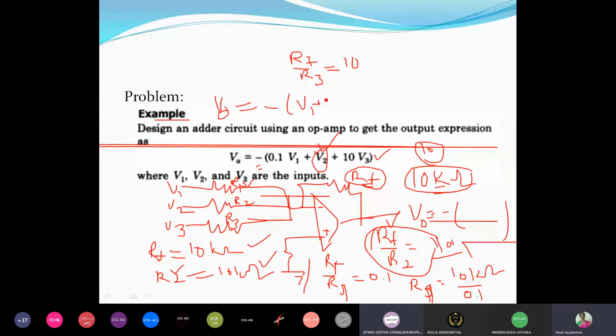Who is that? Tell me your name, please. Geeta, ma'am. Geeta, very good. V1 plus V2 plus V3 by 3 means, let us write it as point. Here only, or total by 3 you are saying?